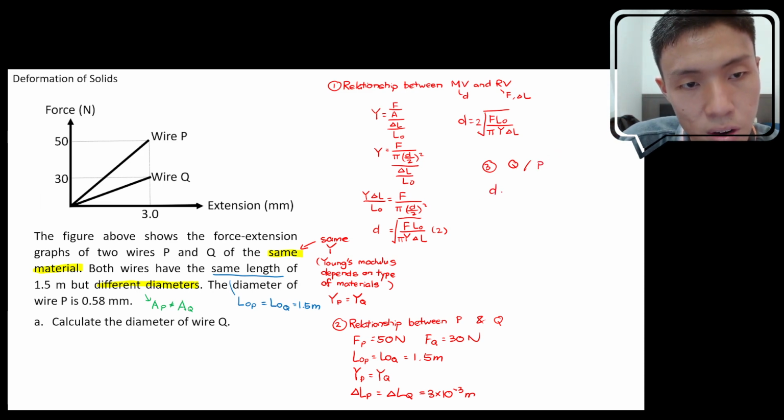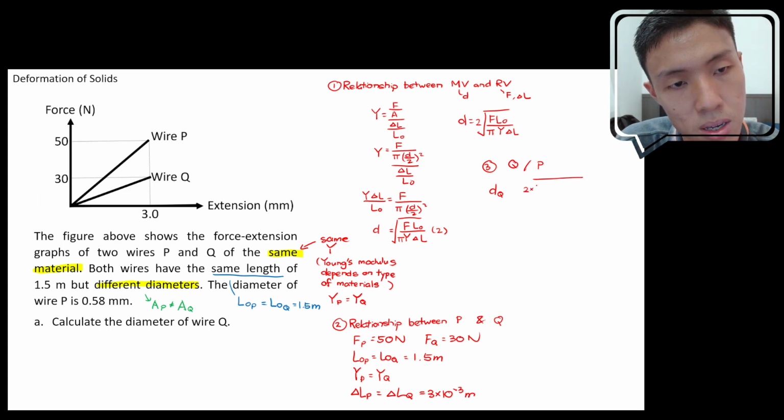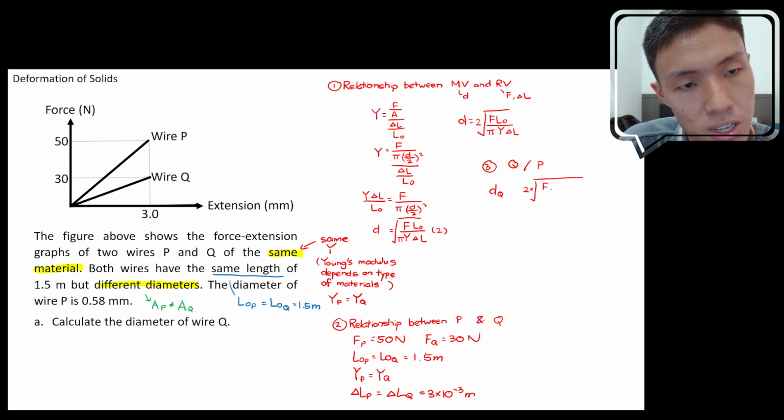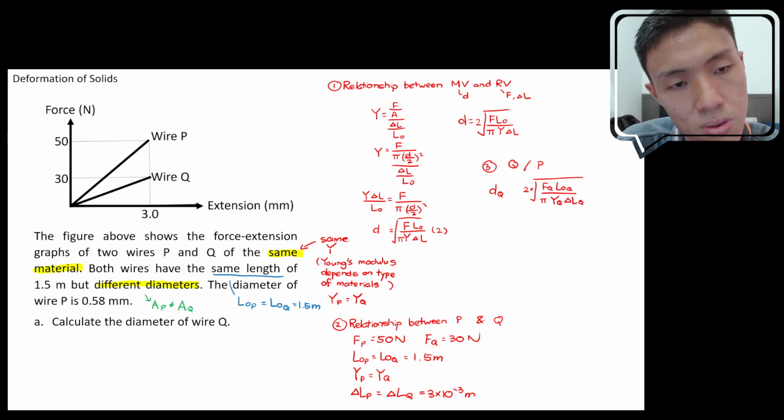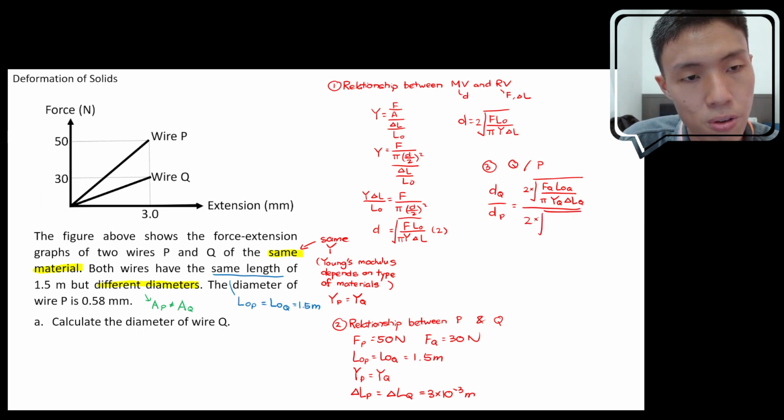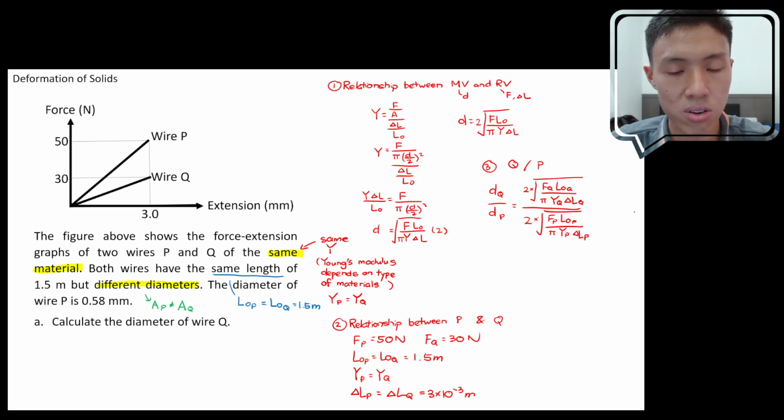So you have your d of Q, which is equal to 2 times the square root of force experienced by Q, length of Q, over pi Y of Q, delta L of Q, divided by the diameter of P, which is 2 times the square root of force experienced by P, original length of P, over pi Y of P, change of length of P. For now, we can cross out what is equal.